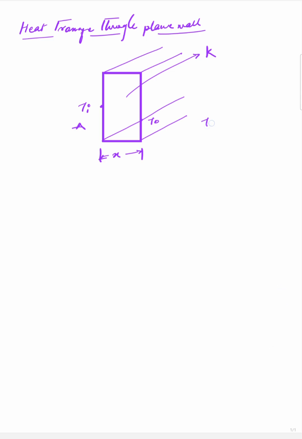So if Ti is greater than To, in that case heat will transfer from the inner surface to the outer surface. We know Fourier's equation for heat transfer is Q is equal to minus kA dT by dx, and if you look at this particular plane wall, you will find that as we are moving from inner wall to outer wall and increasing the thickness, temperature is gradually reducing.